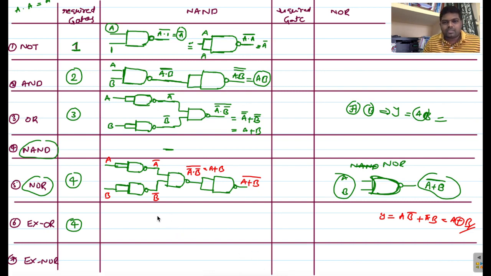Here space is not enough, so I will move on to the next page to implement this XOR logic with NAND gates.